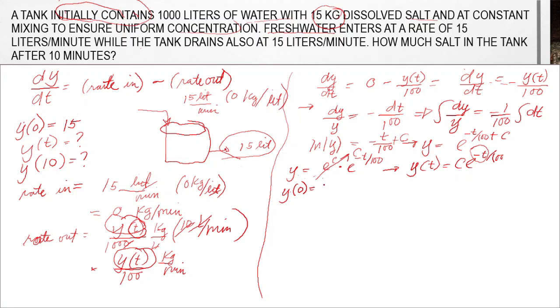So that means at time 0, we have 15 kilograms, which is just equal to C e to the negative 0 over 100. 0 divided by 100 is 0, and e to the 0 is just equal to 1. So your C is equal to 15.